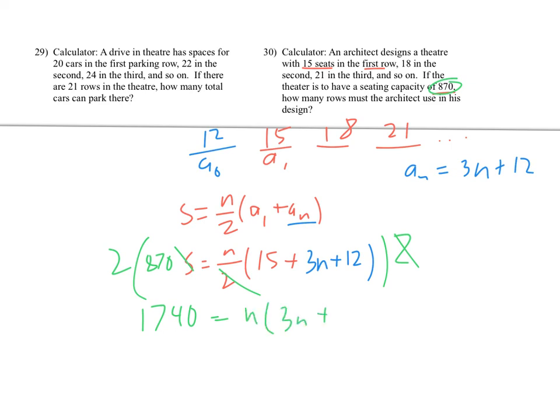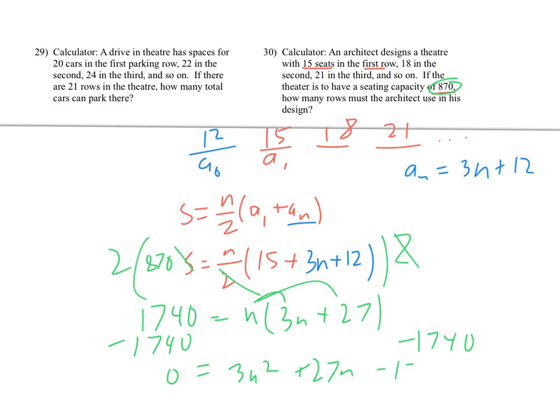plus, what is that? 27. So I'm going to subtract this 1740 over, because I see that when I distribute this in, this is going to become a quadratic. So I see 0 equals 3n squared plus 27n minus 1740.